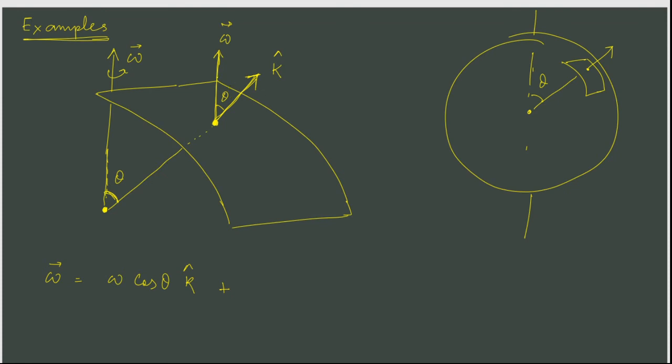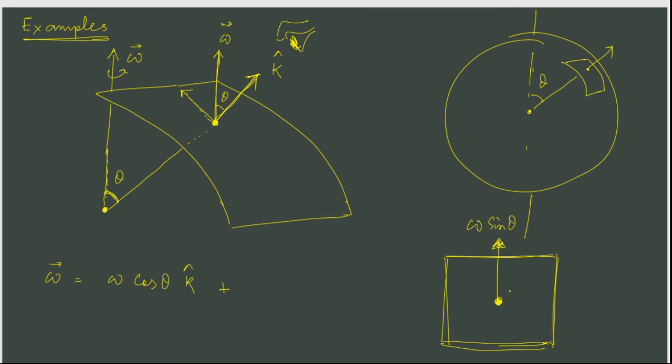Well, if the component of omega along k is omega cos theta, then perpendicular to k it would be omega sine theta, and that component we would like to take its further projection into the local x and y coordinates. So for this particular patch, suppose we are looking down along the k, so along the negative z axis, then we will see the patch of a flat space around the point, and the k is straight towards us. So the component of omega on the ground would be omega sine theta.